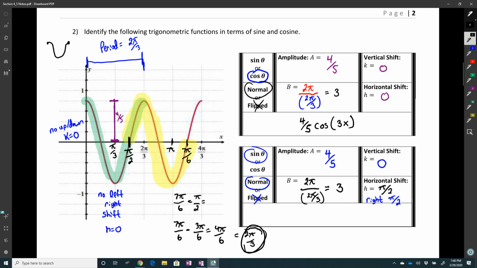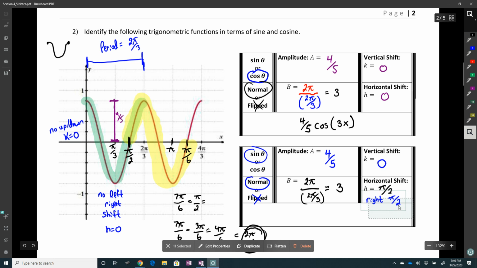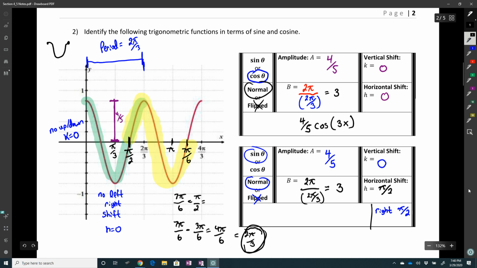I don't like the way that looks. But anyway, let me get my mouse kind of shifted a bit. All right. So that's a plus pi over 2, positive. So now when I write my equation, the equation for this is going to be 4/5, because that's the amplitude, and it's a normal sine wave, sine, parentheses, and then I put my b, 3.